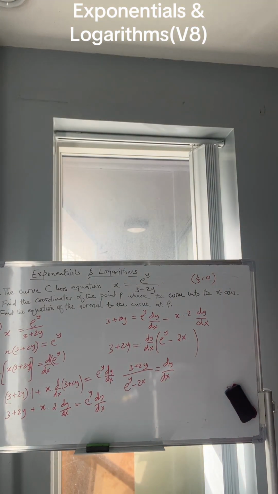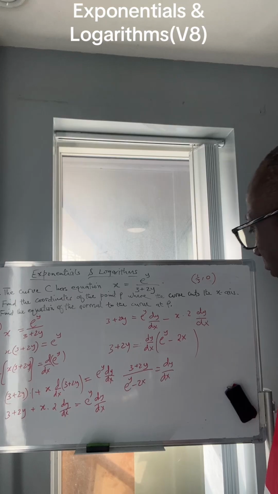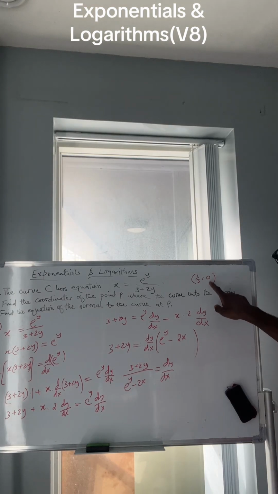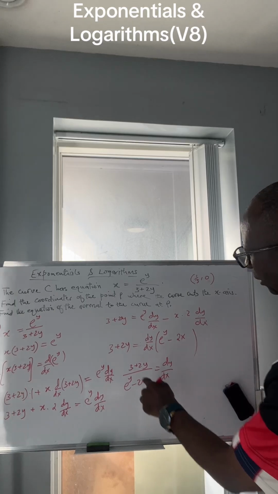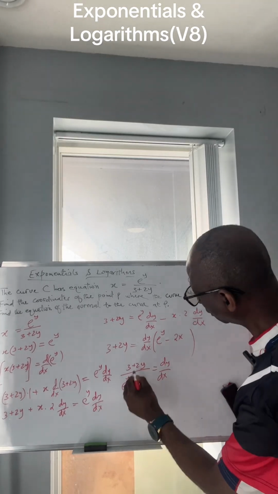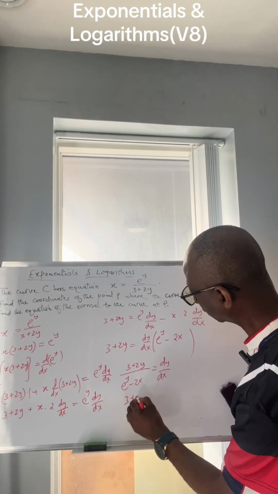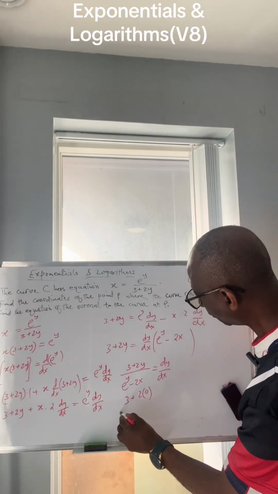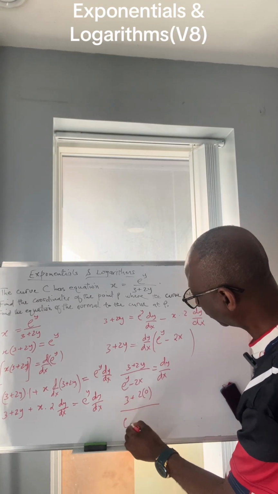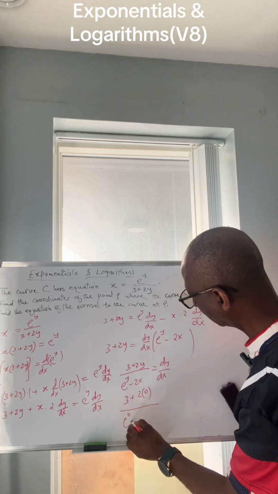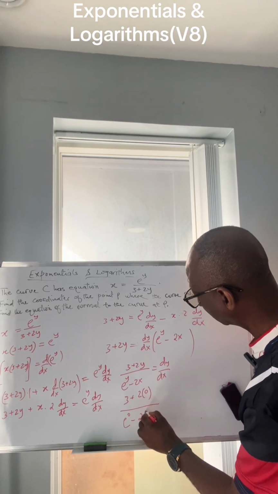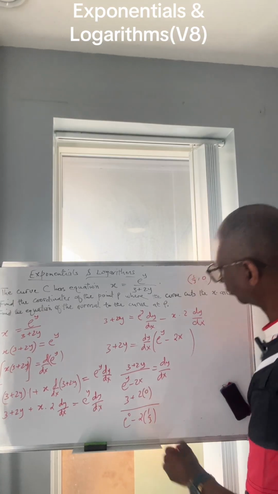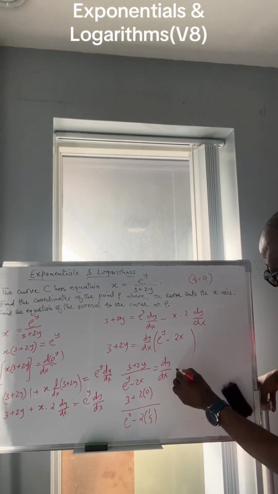So this is the gradient. But we need a value for the gradient. We know y is 0 and x is 1/3. So putting those values here, you will now have 3 plus 2 times 0, because y is 0, divided by e raised to the 0, y is 0, minus 2 times 1/3. Because this is now the gradient.